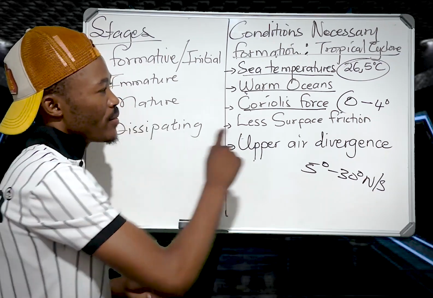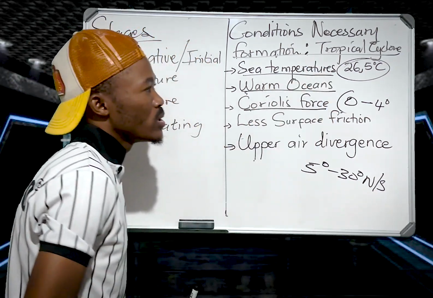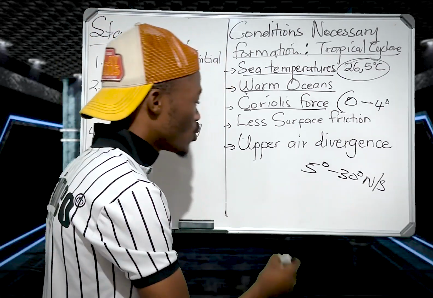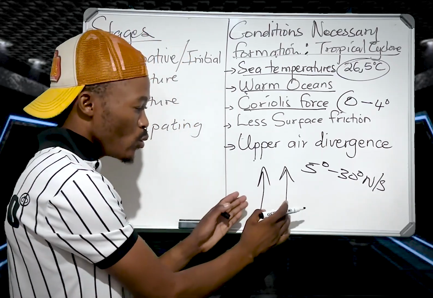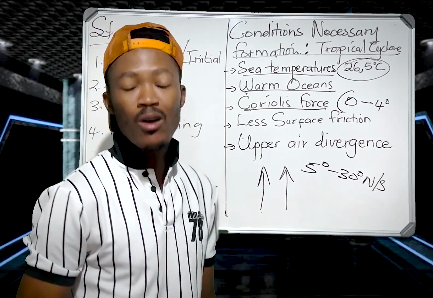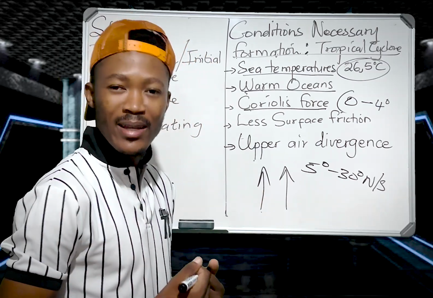And remember that when we have warm air with sea temperatures of above 26.5 degrees Celsius, this means that we are going to have more rising air. Now, when we have more rising air, remember that we say that in the lowest layer of the atmosphere, the troposphere, the higher you go, the colder it becomes.